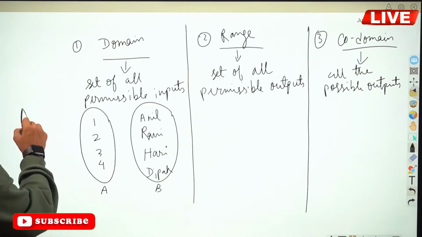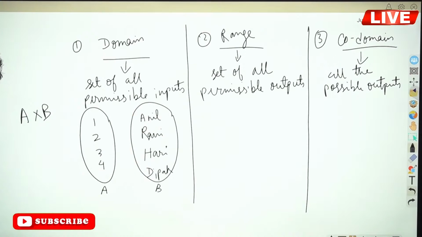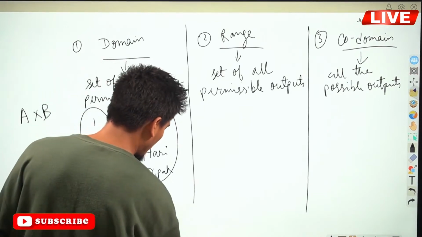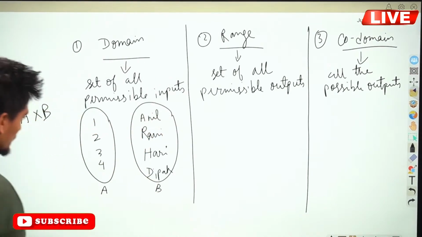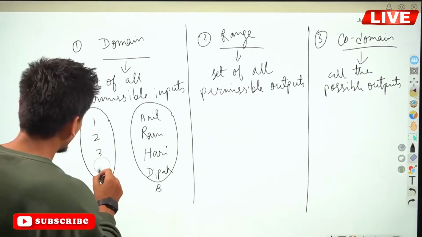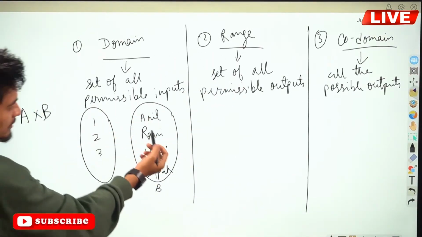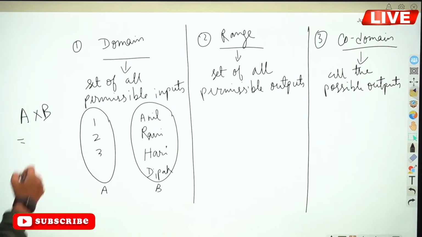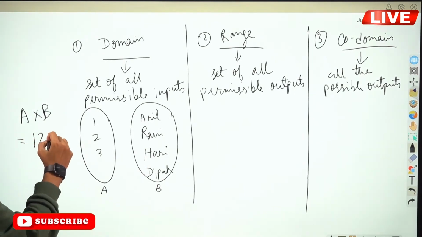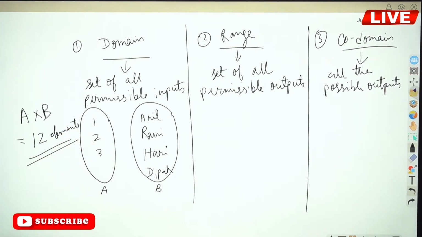So A cross B. How many elements? So here we have 4. Here we have 4. Right? So how many elements will we get in total? We will get 12 elements. Sorry, let's take 3 here only. Okay. So we will get 1, 2, 3 and 1, 2, 3, 4. So how many elements in the Cartesian product will we get? We will get 12 elements.